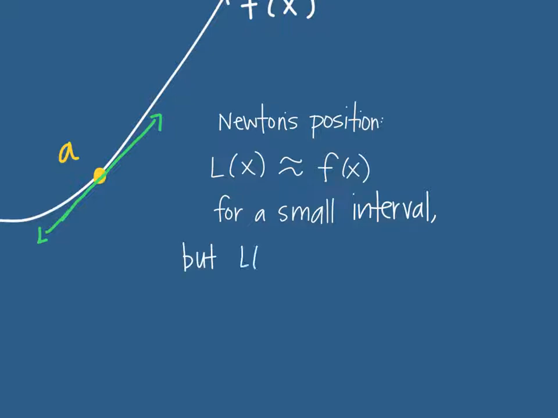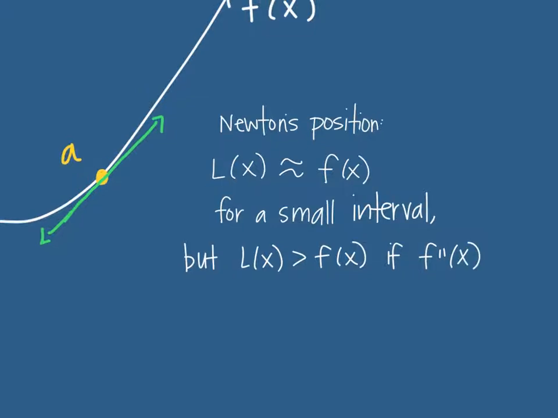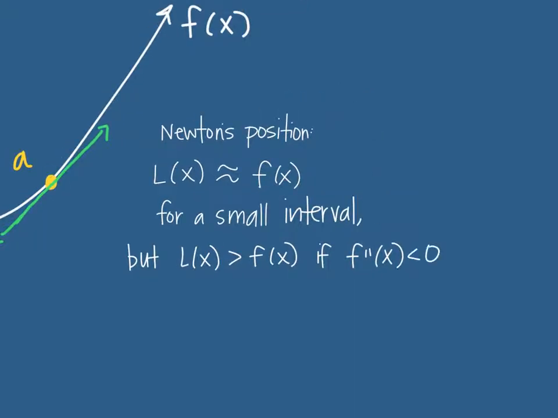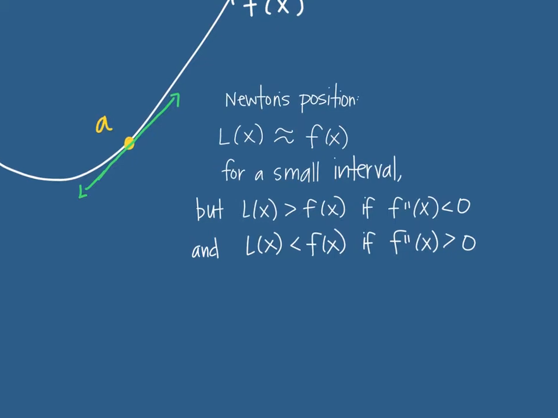L of x will exceed f of x as an overestimate if the second derivative is less than 0, and L of x will be an underestimate if the concavity is positive.